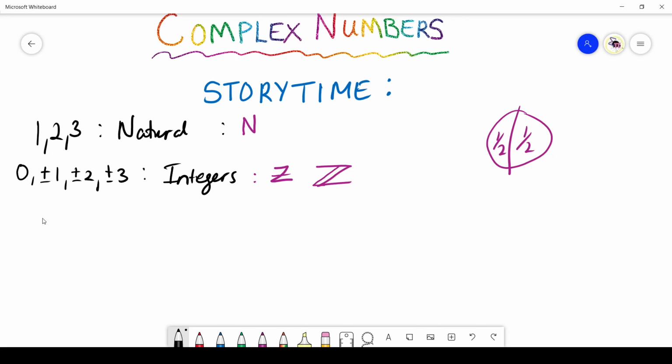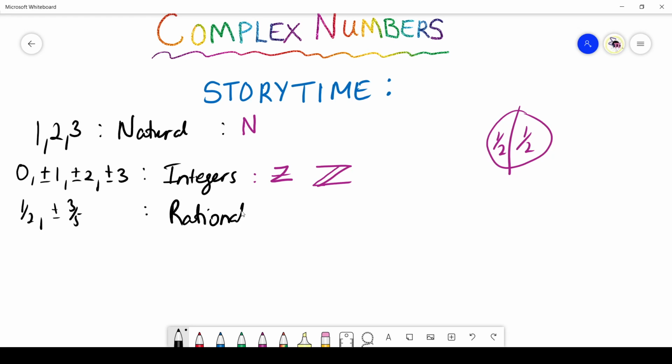So whenever you have values like a half and plus or minus 3/5, except of course for the case where the denominator is equal to 0, these types of numbers, if you can remember, are called rational numbers, right?